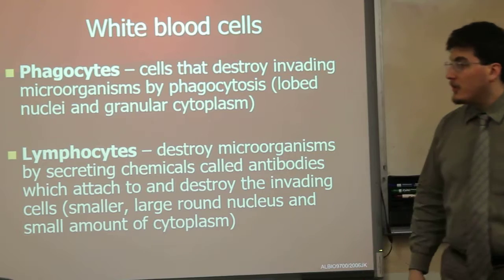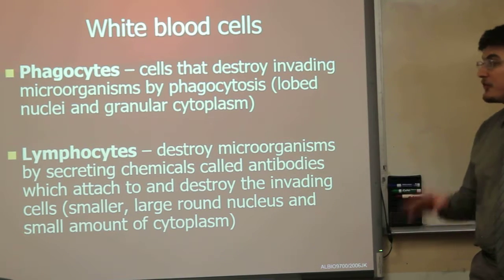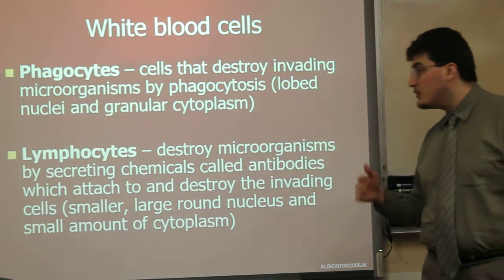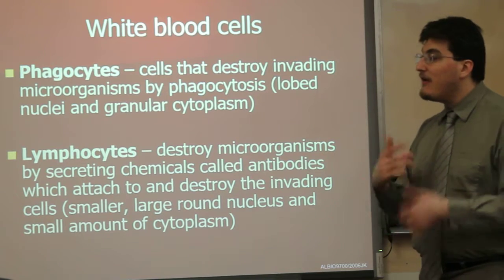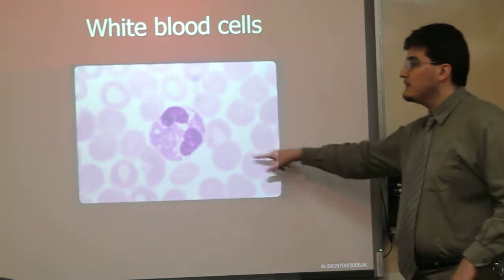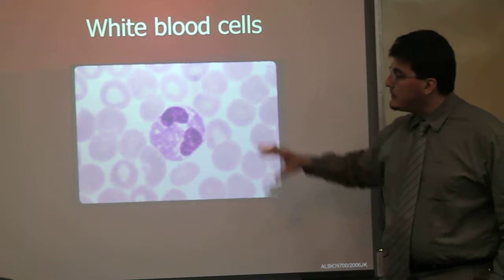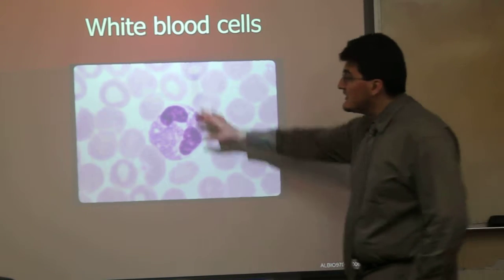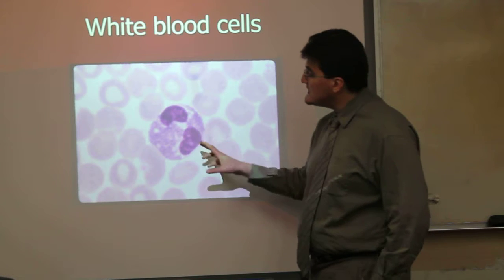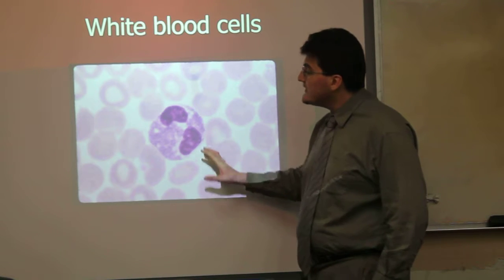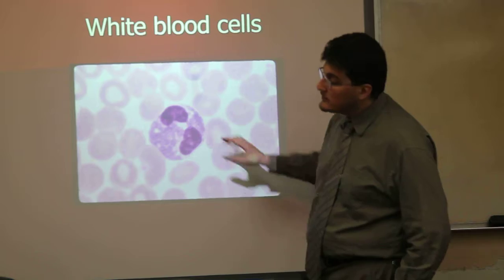Lymphocytes will destroy microorganisms by secreting chemicals called antibodies, which will attach to and destroy invading cells. Now, this here is probably an eosinophil because it is relatively small. It has a bilobed nucleus, and it has eosinophilic staining granules.